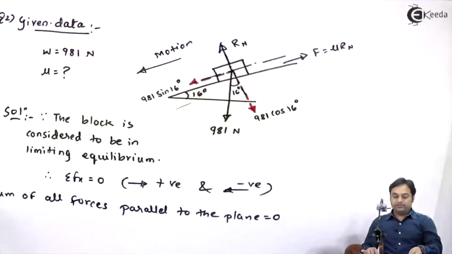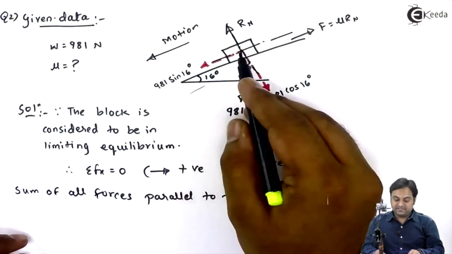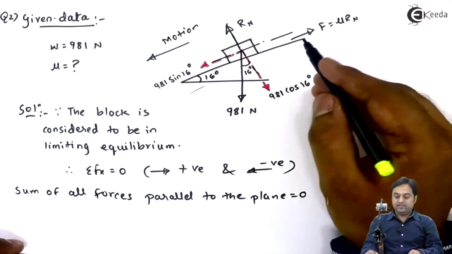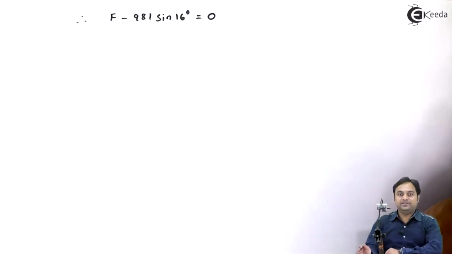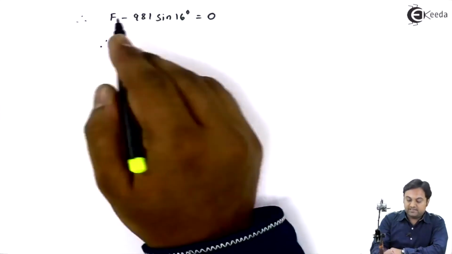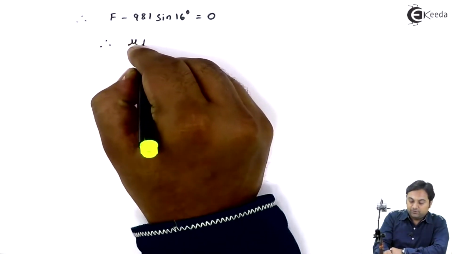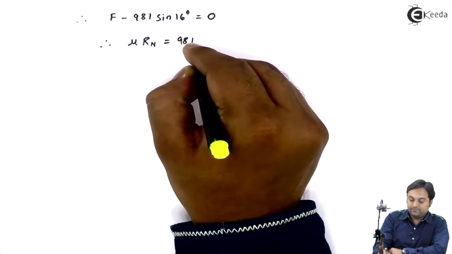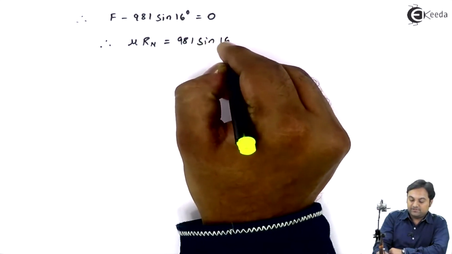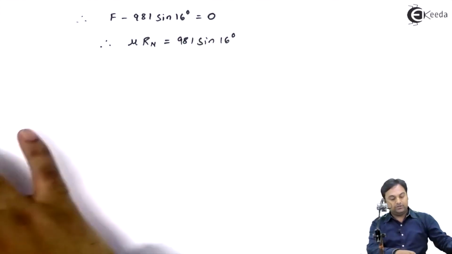So if we look in this diagram, 981 sine 16 is downward, so negative. F is along the plane, so positive. That we have already written. After this, I can say that F is equal to mu into Rn, and that's equal to 981 sine 16. I've shifted 981 sine 16 onto the other side.